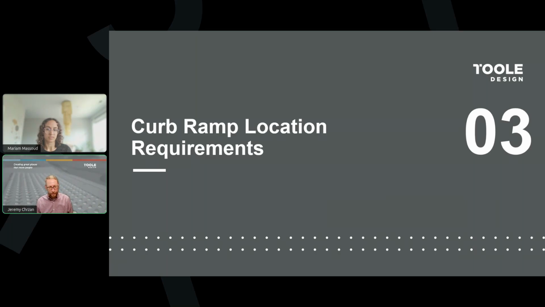When PROWAG was released, the previous drafts included right of way as a physical constraint that could be used as justification for documenting technical infeasibility and providing a ramp that doesn't fully meet the requirements of PROWAG.